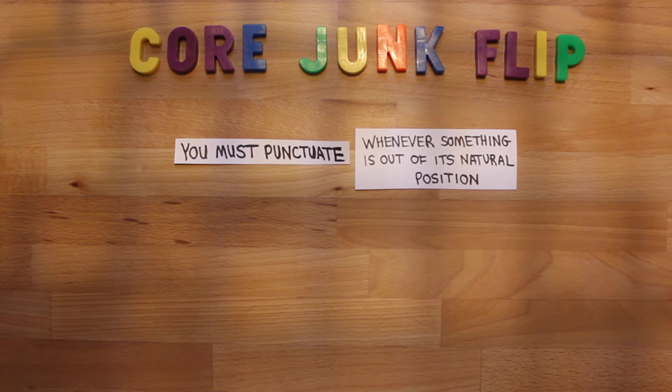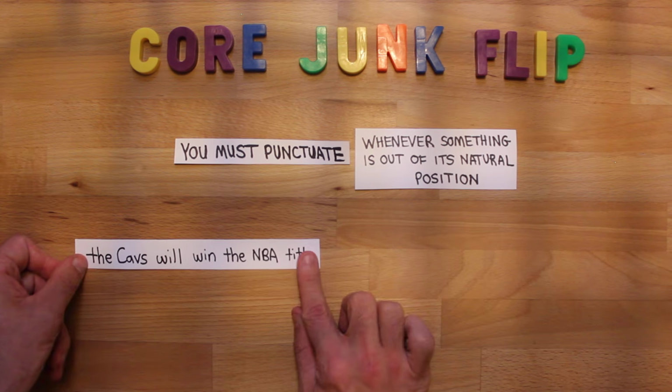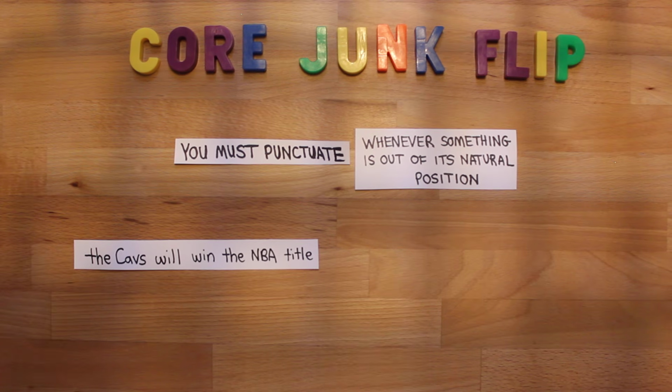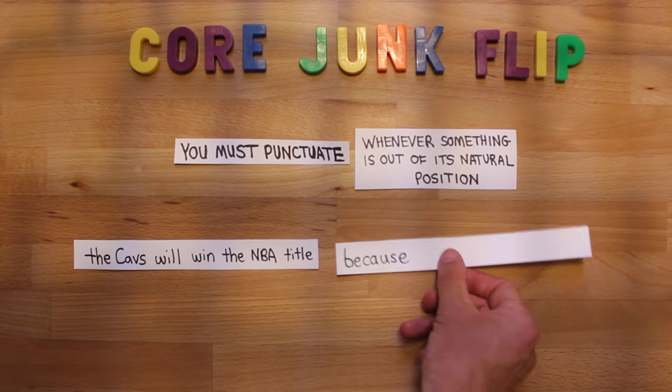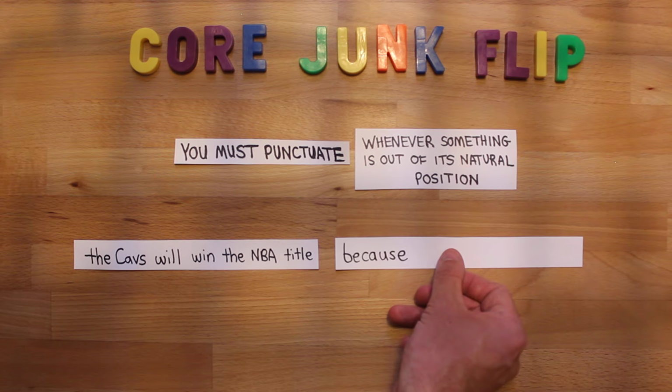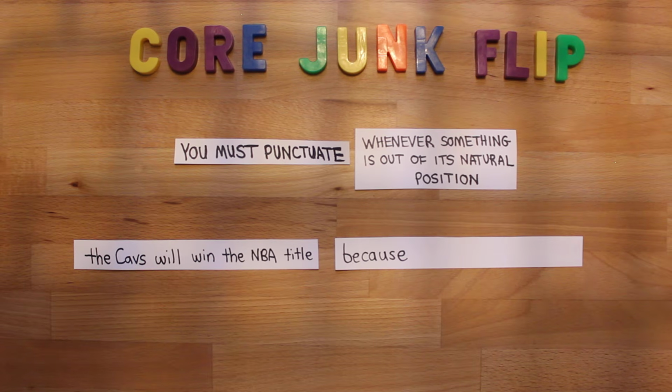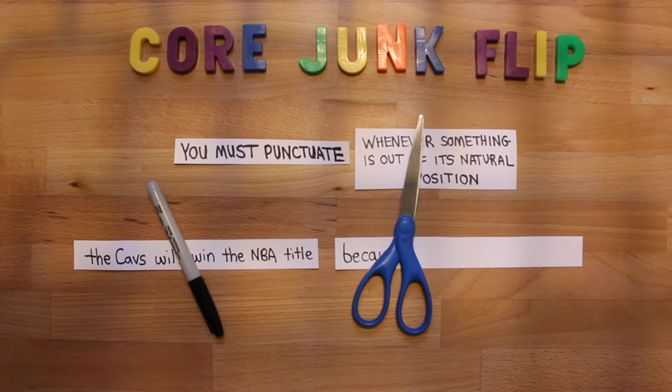Alright, so here's what I want you to try. I want you to try creating your own. I'm going to give you the start to the sentence. The Cavs will win the NBA title because. So what you're going to need right now is a piece of paper, something to write with. If you're not good at tearing stuff, scissors.